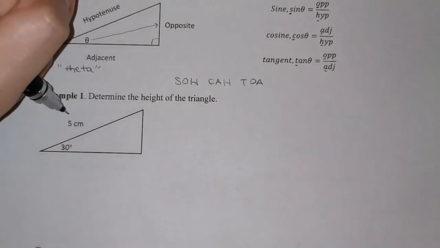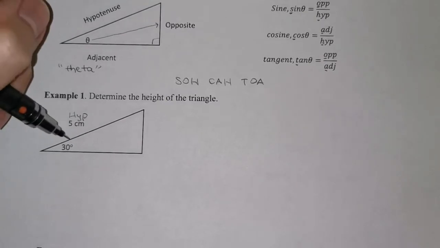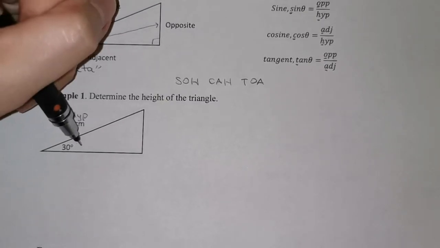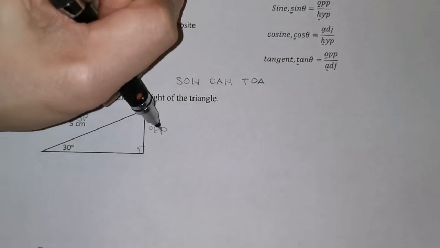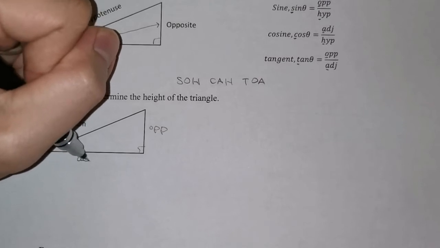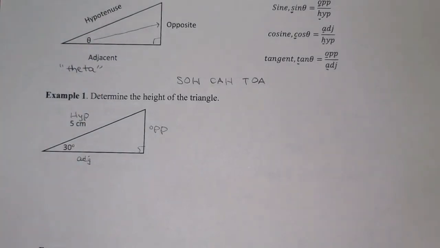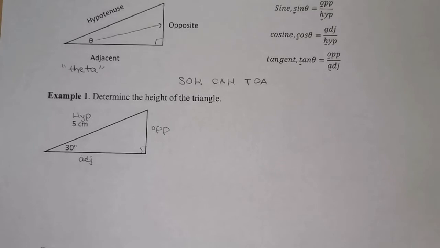So the first thing I'm going to do is label them. That side's the hypotenuse. This one here is our opposite side. And the one down here, our adjacent side. Okay, so once we have it labeled, then that means we are looking for the opposite side.